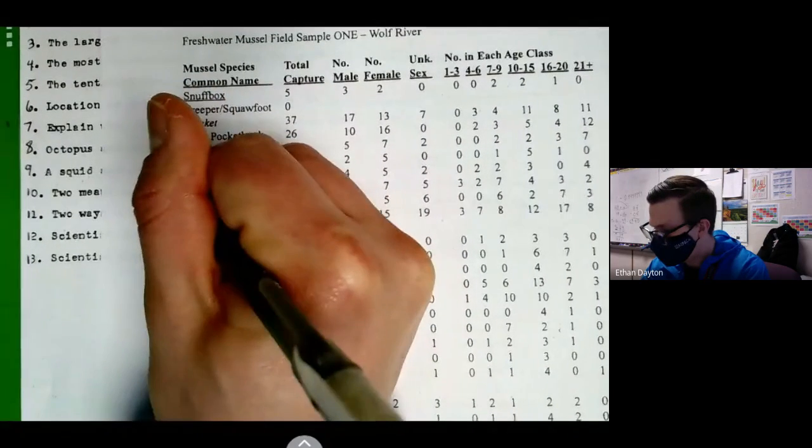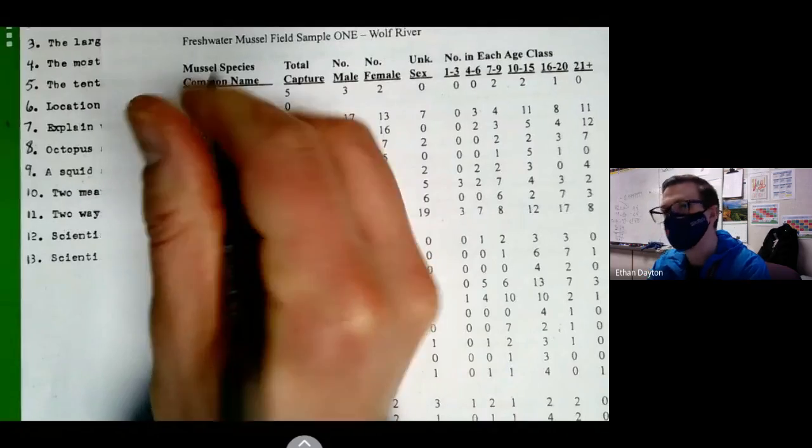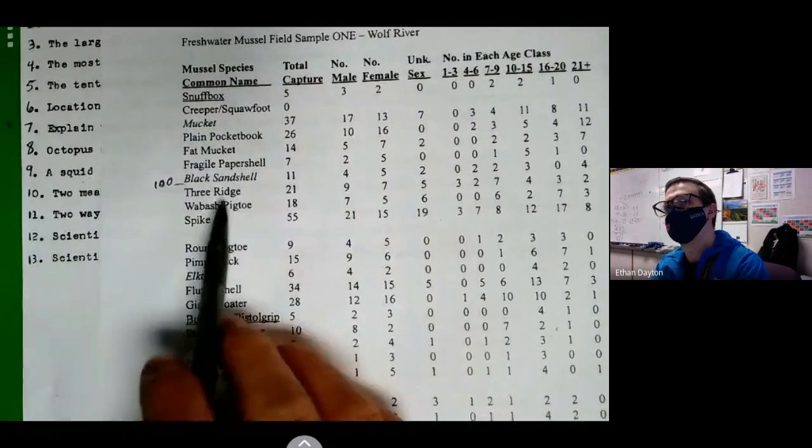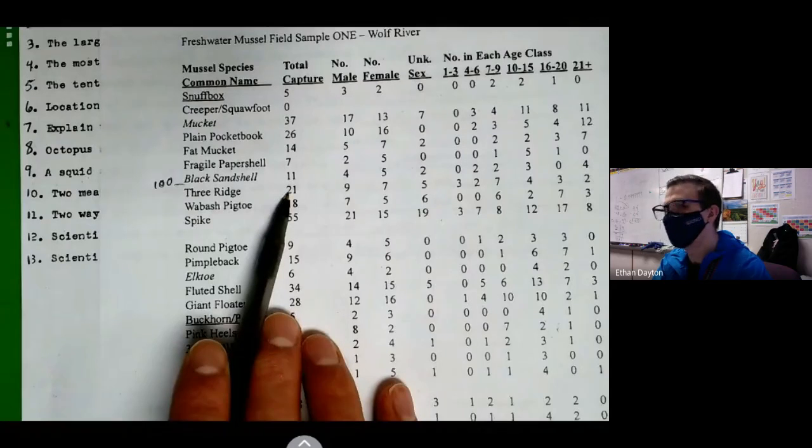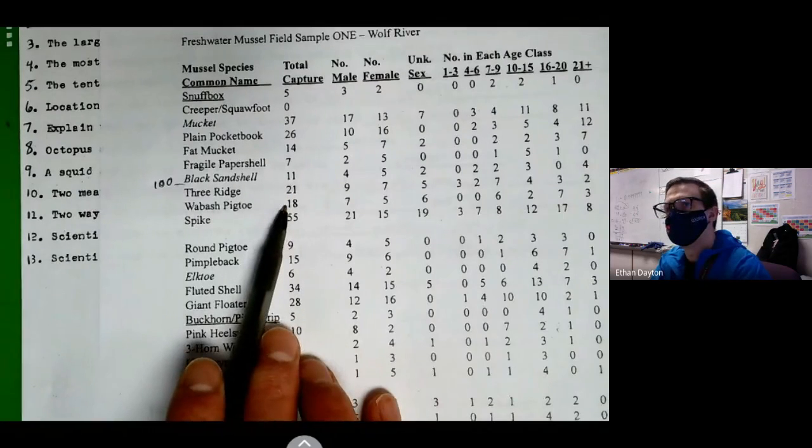I'm just putting my 100 marker in case we lose our spot. At the black sand shell, we have exactly 100. 100 plus 21 is 121. 121 plus 18 is 139.